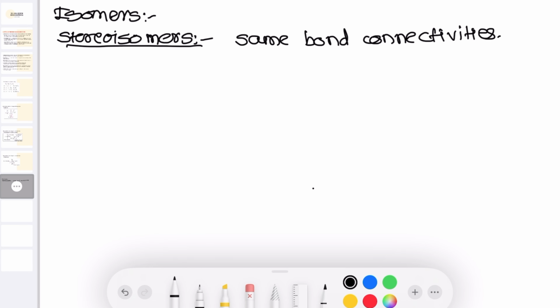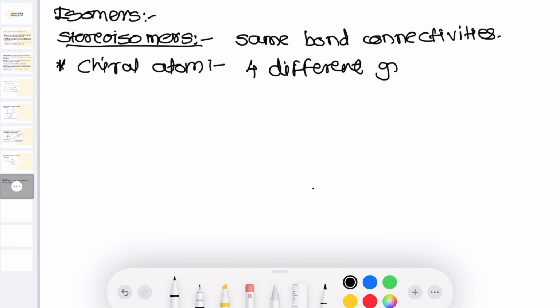So for this, we need to know what is meant by a chiral atom and molecular chirality. What is meant by a chiral atom? A chiral atom is a carbon atom in a molecule which carries four different groups or atoms attached to it.